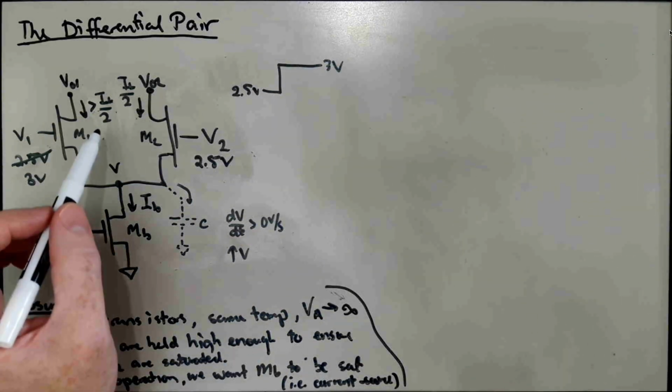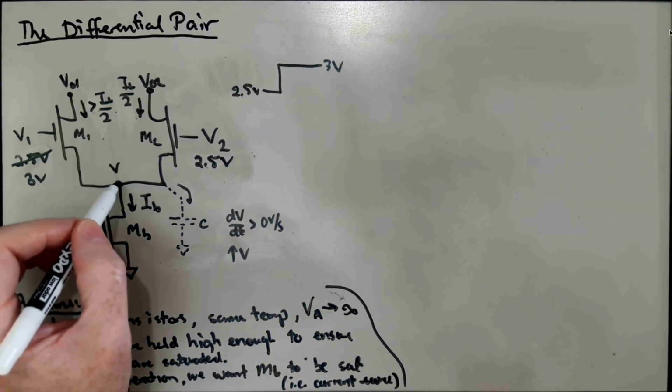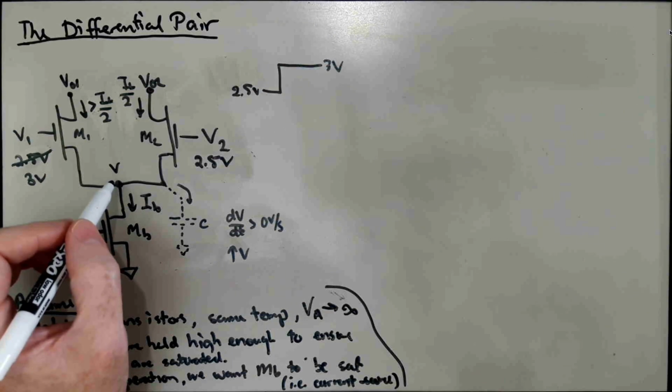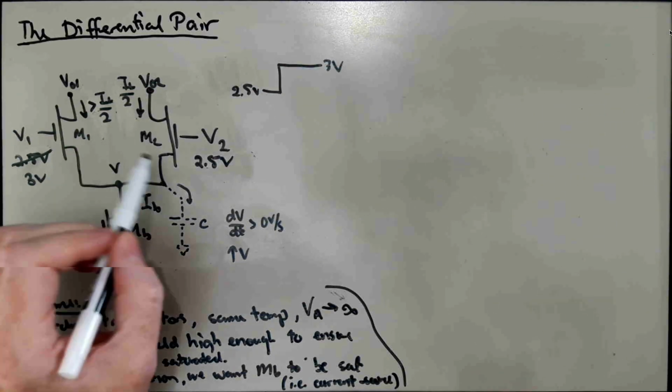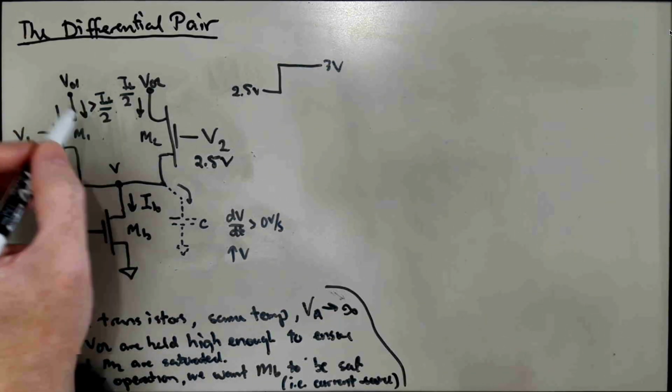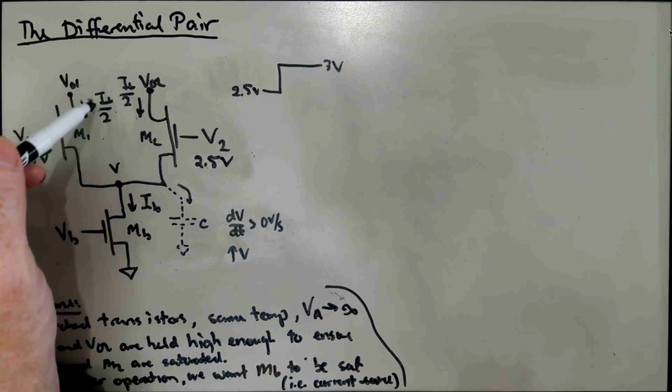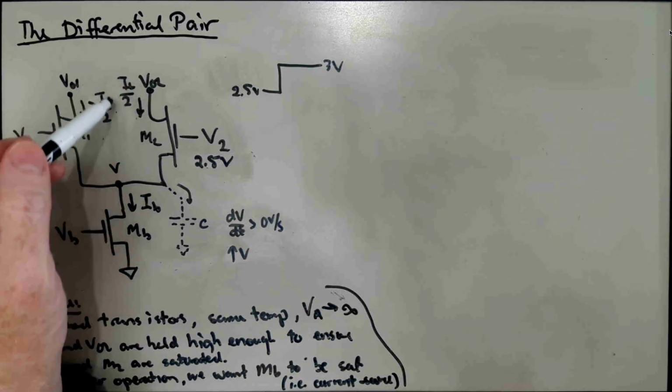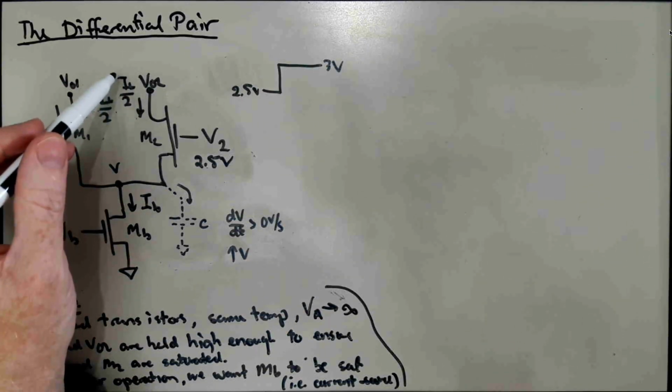So V increasing now has the same effect as it had before, where we're turning the current level down in both transistors. And so the side that increased initially will start to reduce, but so will I2 start to reduce.